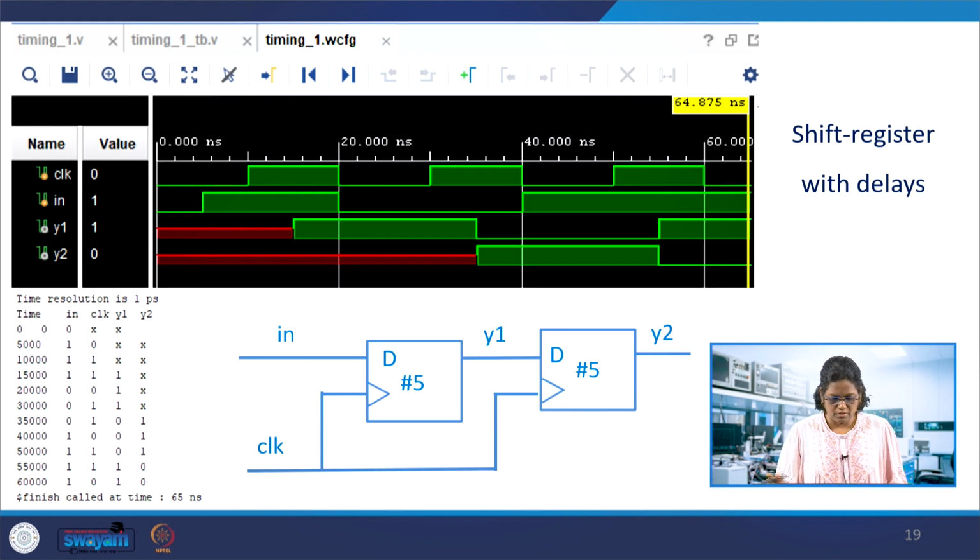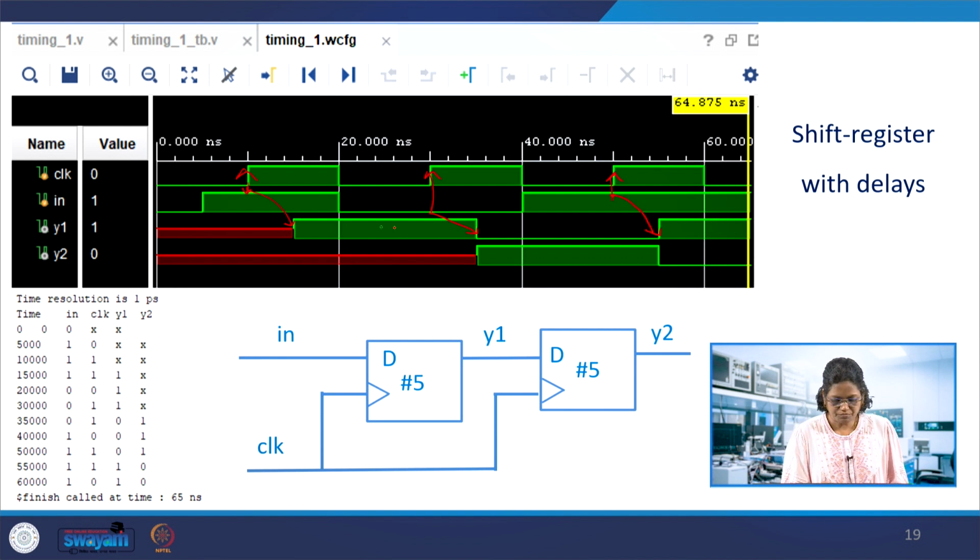So, look at the difference between blocking and non-blocking in the sequential case. At the clock edge, the passage of the clock, the input change is sensed and then it is assigned after 5 time units to y1. Similarly, at this clock edge we have 0 and it is reflected here, at this clock edge 1 and it is reflected at 1.